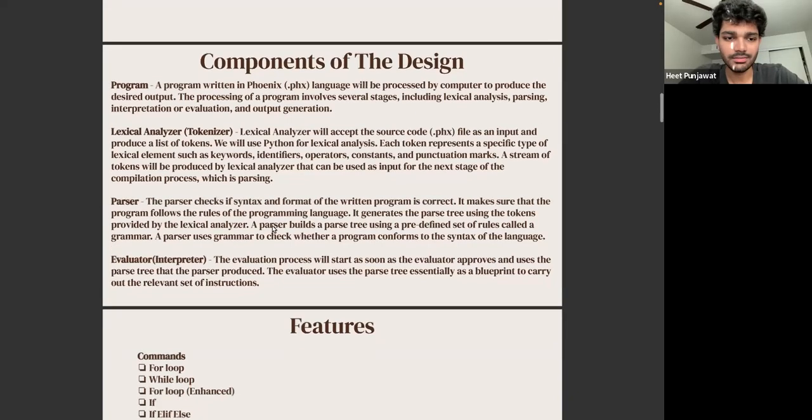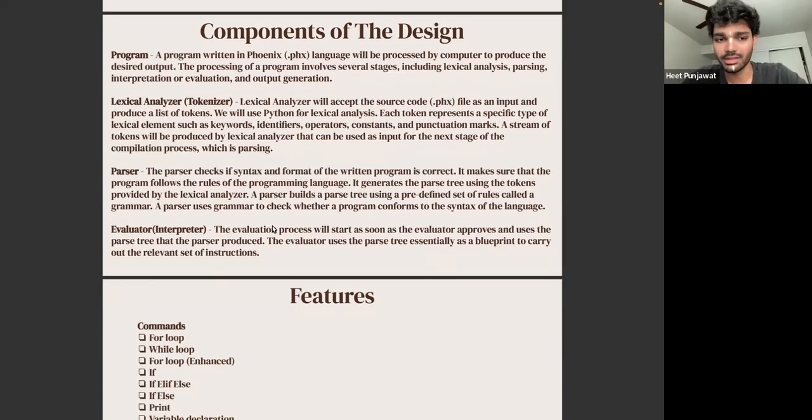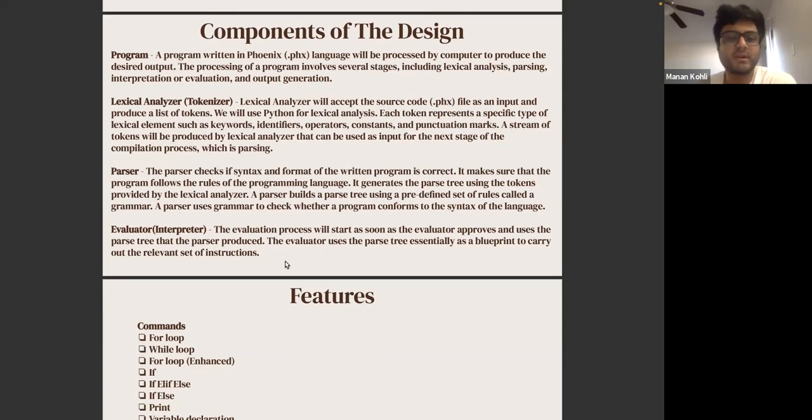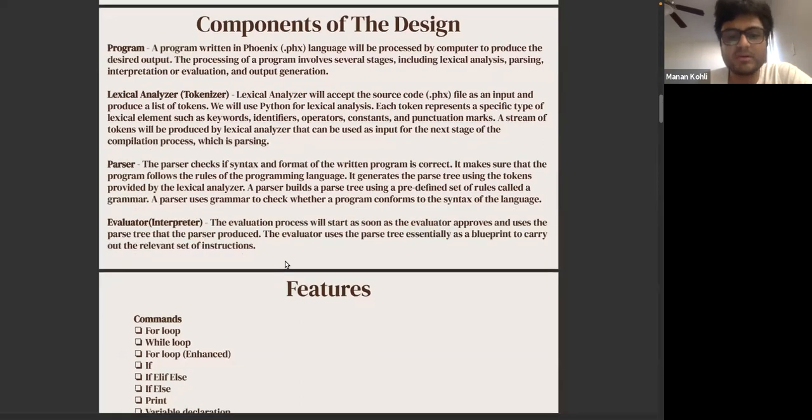Okay. So the next is the evaluator, or the interpreter, that we have created here. Manan, can you please explain something about it? Sure. The parse tree created with the help of the parser is used by the evaluator essentially as a blueprint to carry out all the relevant instructions. The evaluator is in charge of analyzing the parse tree and carrying out the required calculations according to its layout.